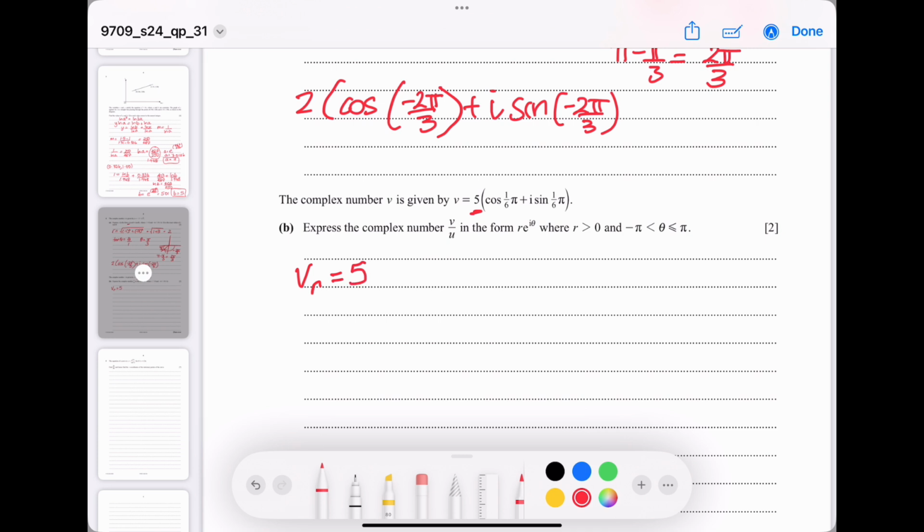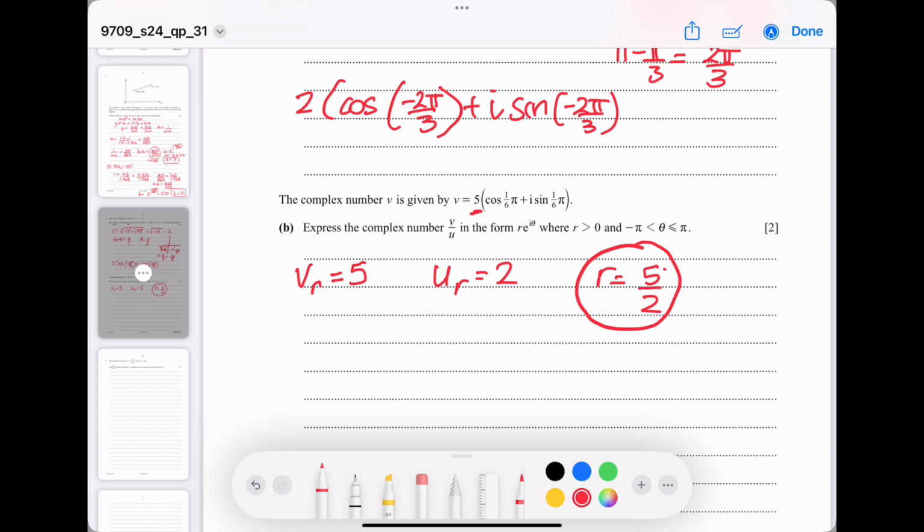The value of r for u from up above we know is 2. So that means the value of r we're looking for in this instance is going to be 5 over 2 because it's v over u. So we have our value for r.